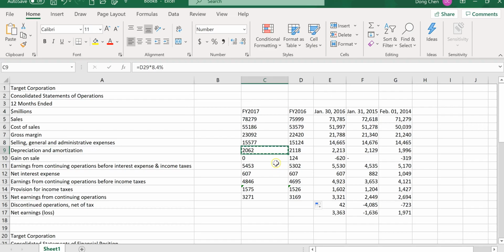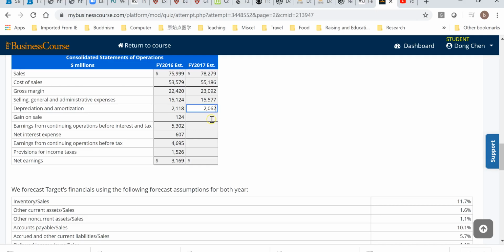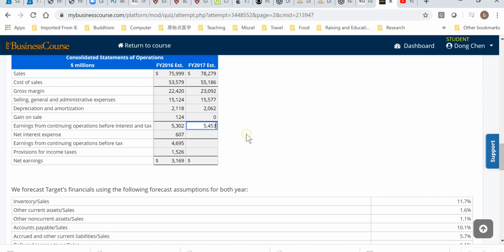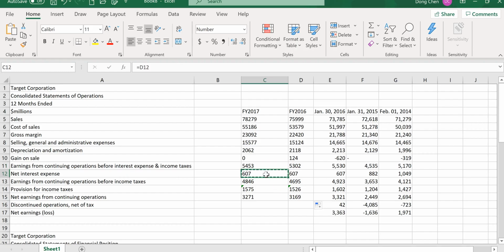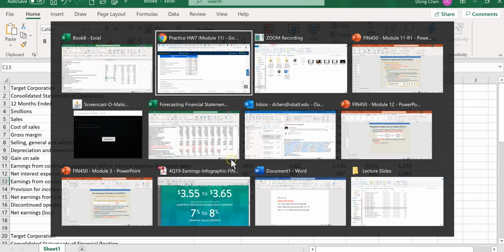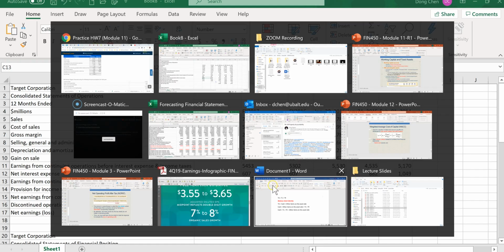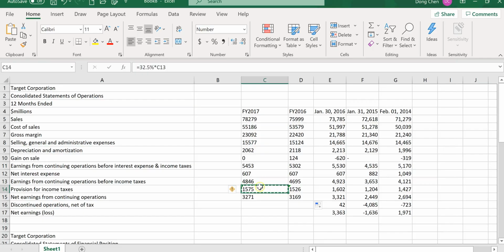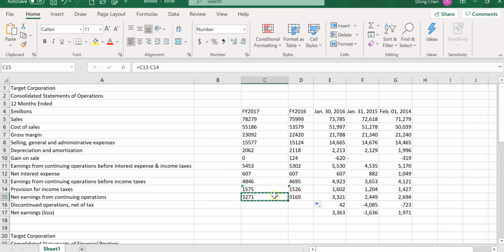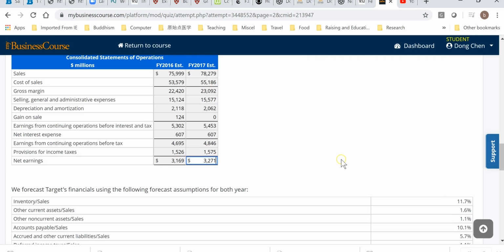There's a lot of numbers there. I'm done with the income statement.